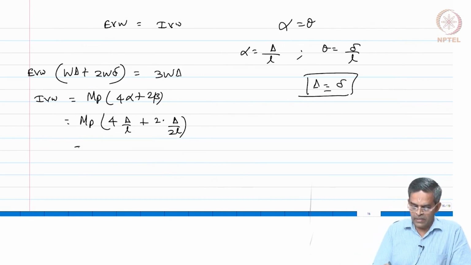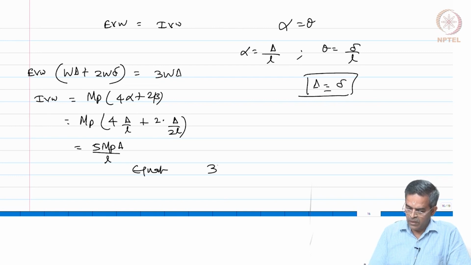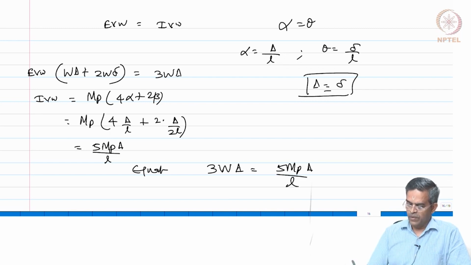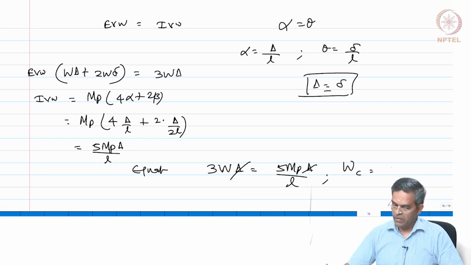Which makes this as 5 MP delta by L. So, equating, 3 W delta is 5 MP delta by L. So, I get Wc as 5 MP by 3L.